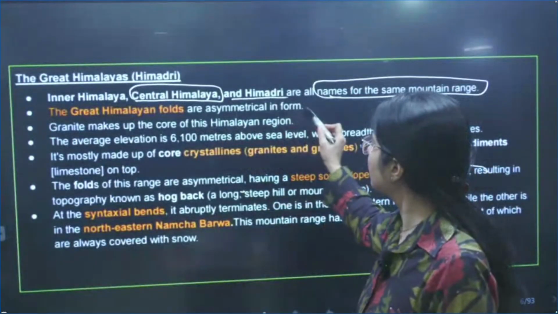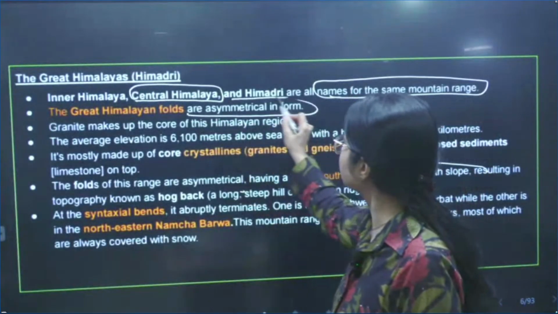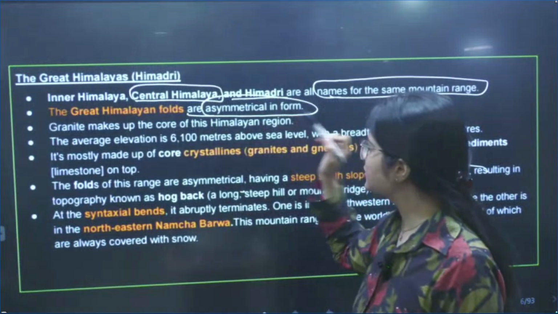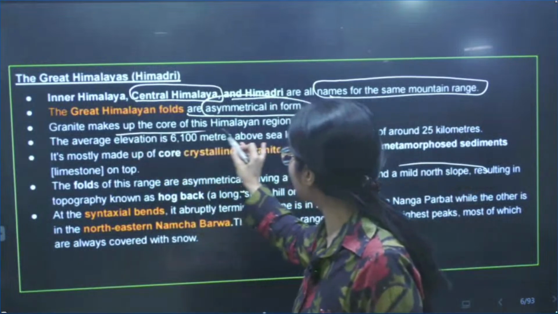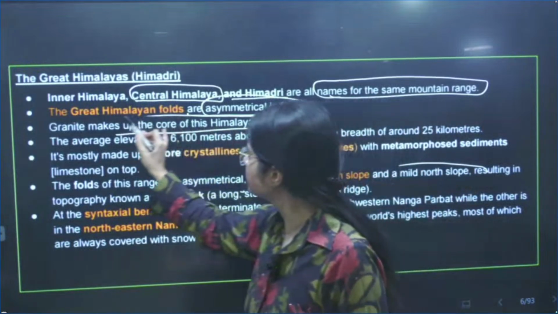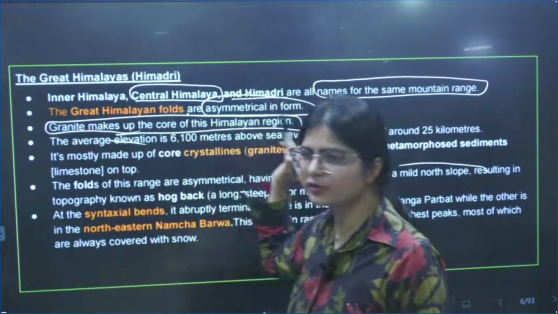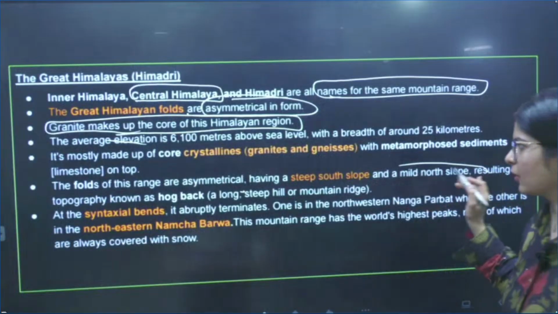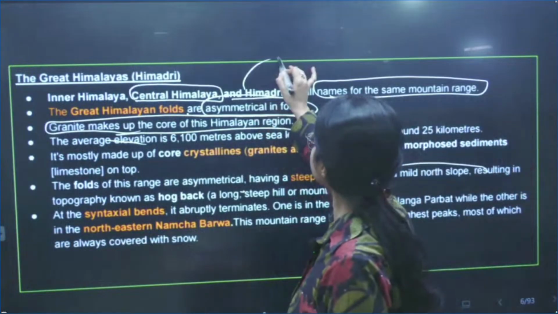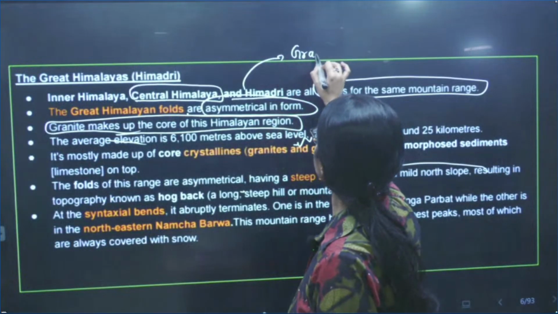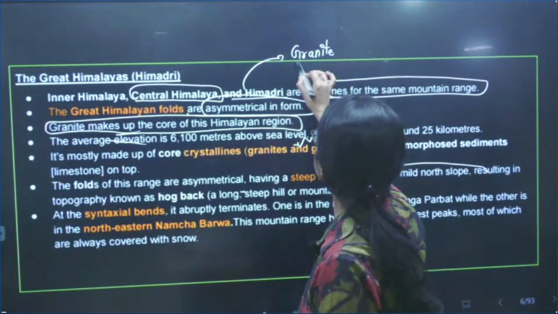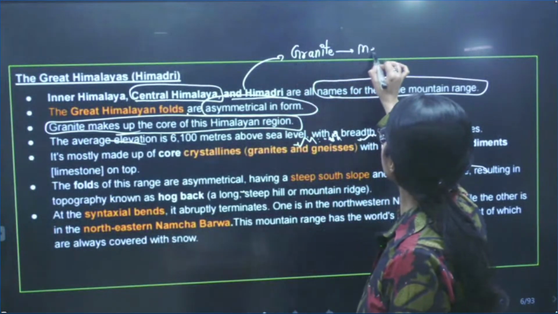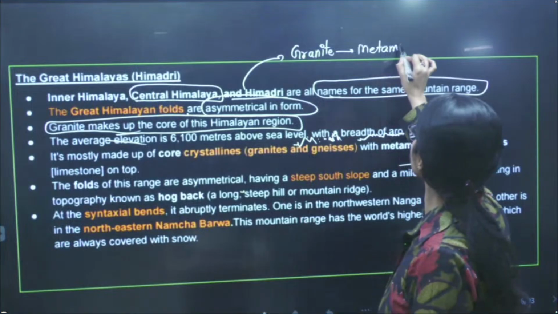Great Himalayan folds are asymmetrical in form. Next, granites make up the core of this Himalayan region. They are majorly made up of what? Granite. And you know granite is what? It is a metamorphic rock, and that's why I've been repeating all the time that the Great Himalayas are made up of metamorphic rocks.